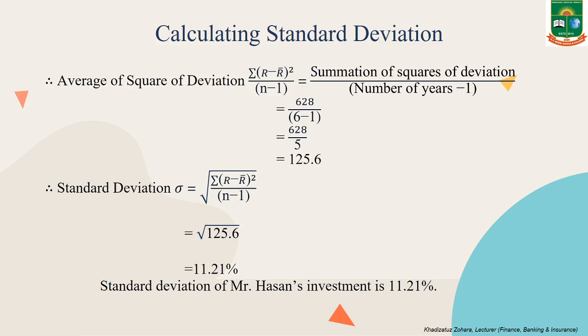So the standard deviation sigma is equal to root over of 125.6 equals 11.21%. Now we can say that standard deviation of Mr. Hassan's investment is 11.21%. That means the risk of Mr. Hassan's investment is 11.21%.